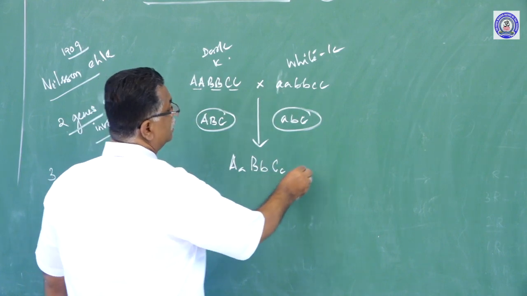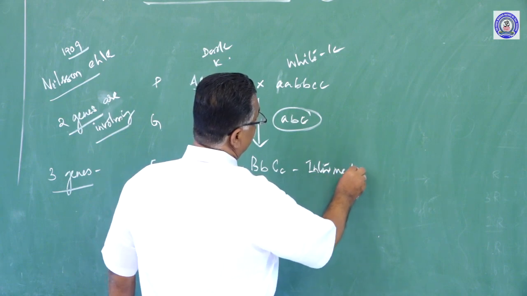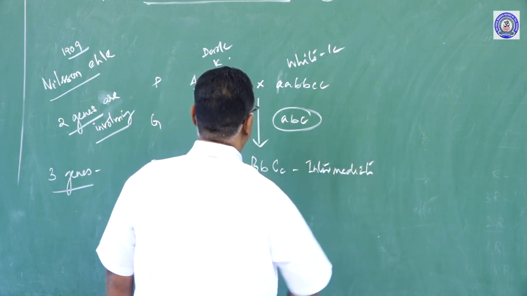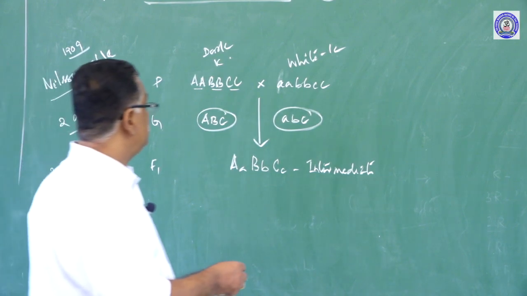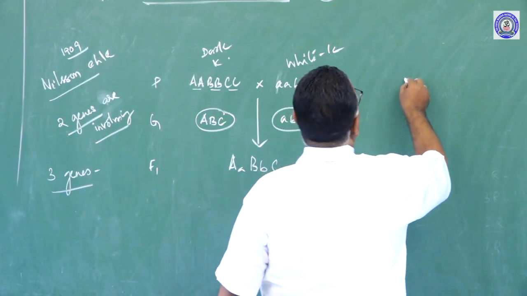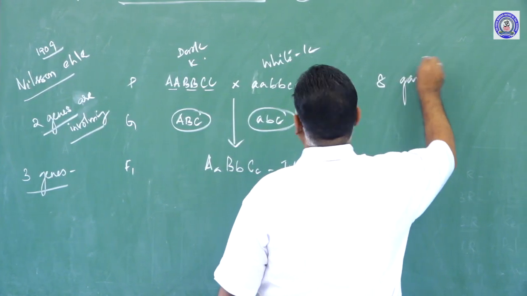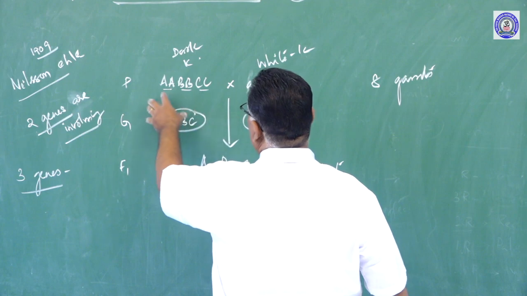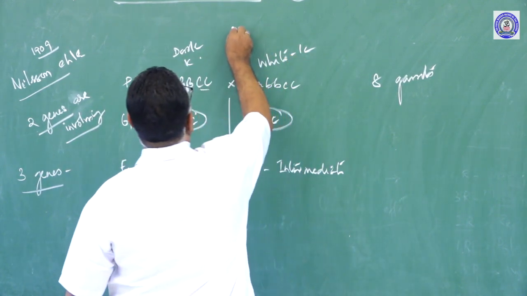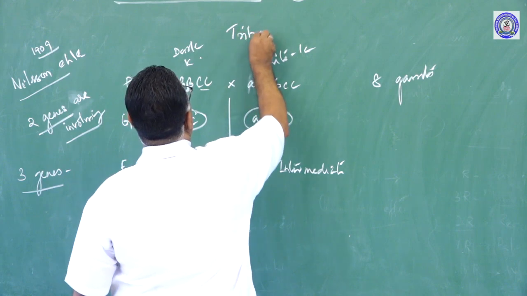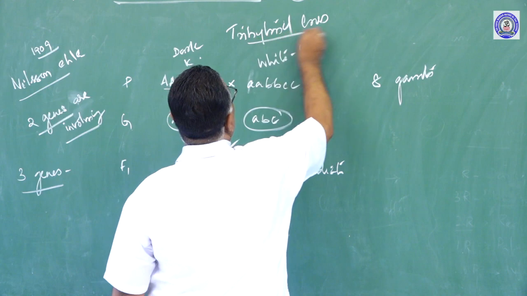This is an intermediate color. Since three genes are involved, this is a tribrid cross, a trihybrid cross.